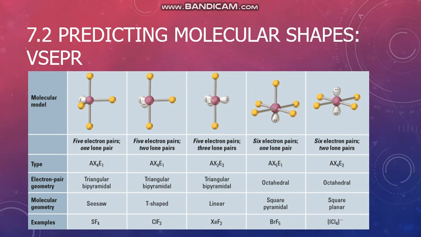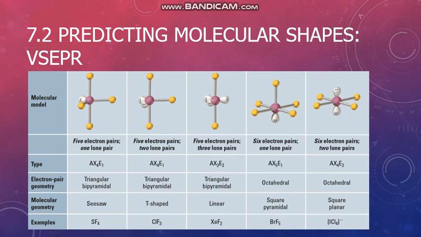And then for the last 2, we have octahedral electron pair geometry since we have 6 electron pairs surrounding the central atom. In this case, we have AX5E1, so we have a square pyramidal molecular geometry.